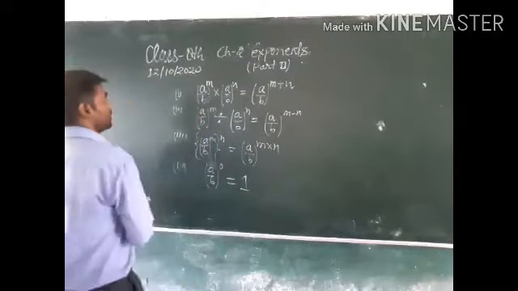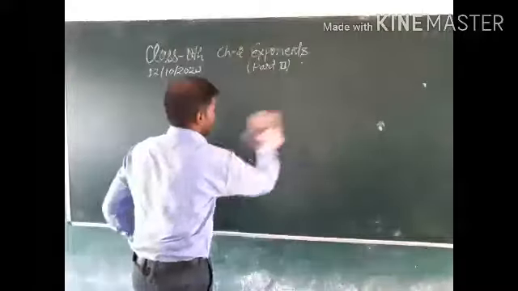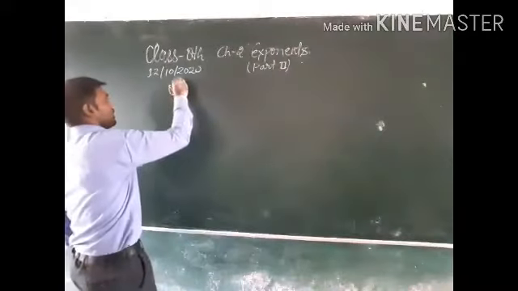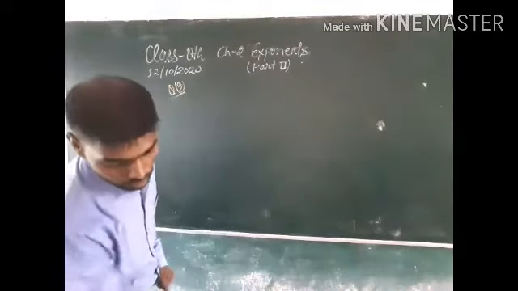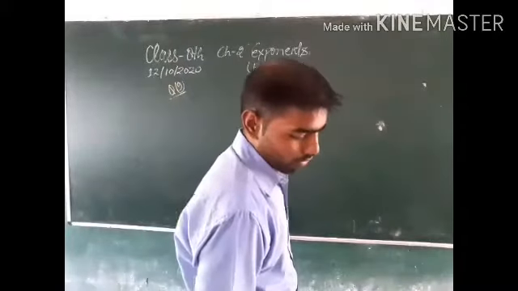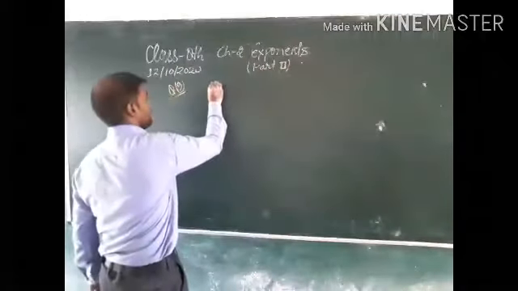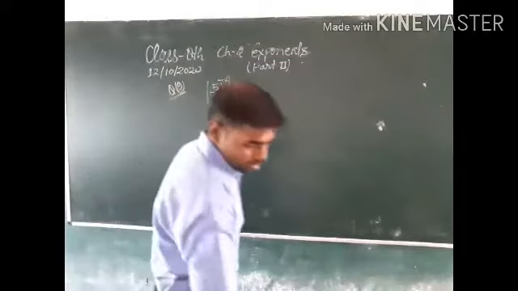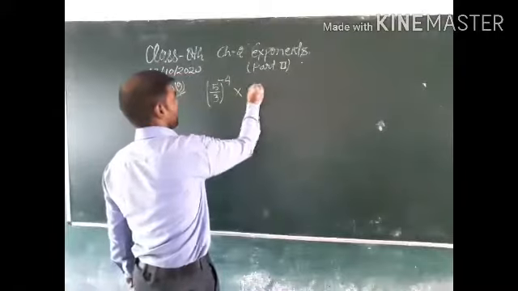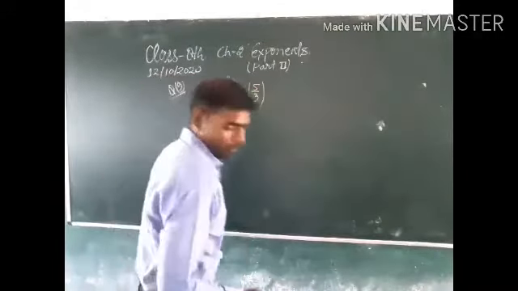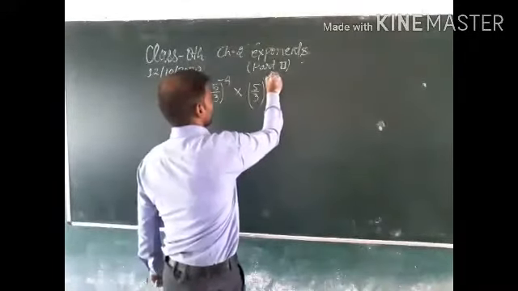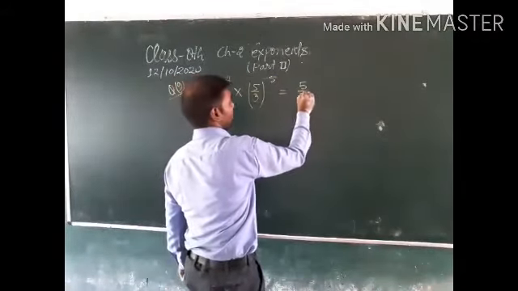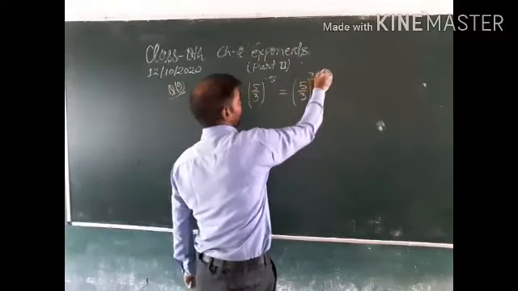Question number 9 is: find the value of x for which (5/3) to the power minus 4 into (5/3) to the power minus 5 is equal to (5/3) to the power 3x.